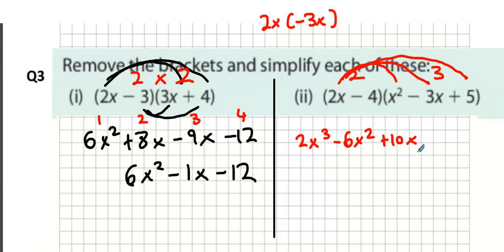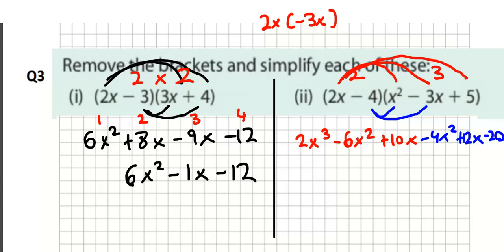And then underneath, minus 4 by x squared. Minus 4x squared, yeah. Minus 4 by minus 3x. Okay. And minus 4 by 5. Minus 20. Everybody, is there 6 items there? 3 red and 3 blue as expected, yeah?